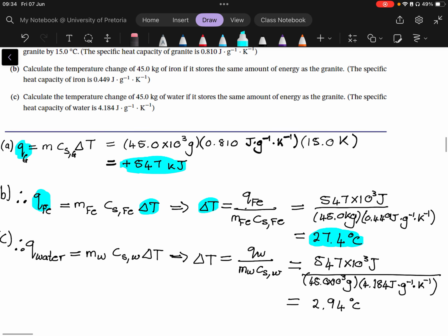Let me zoom out a small bit so you can get everything on one page. The heats of each of these are the same.